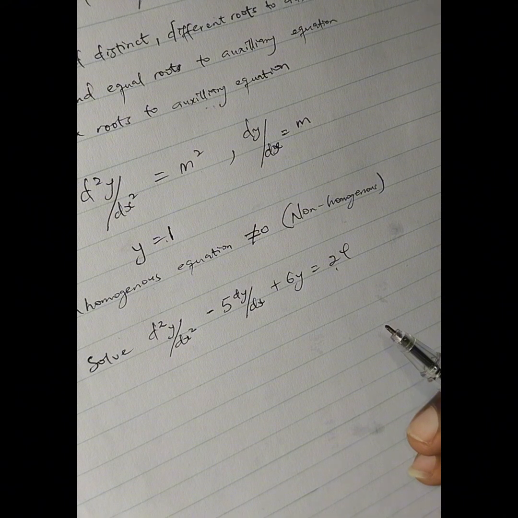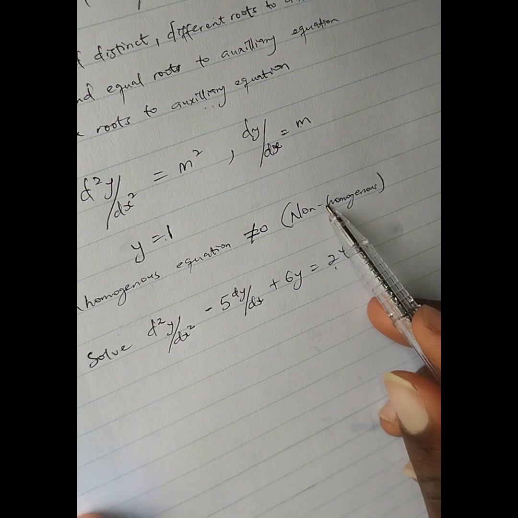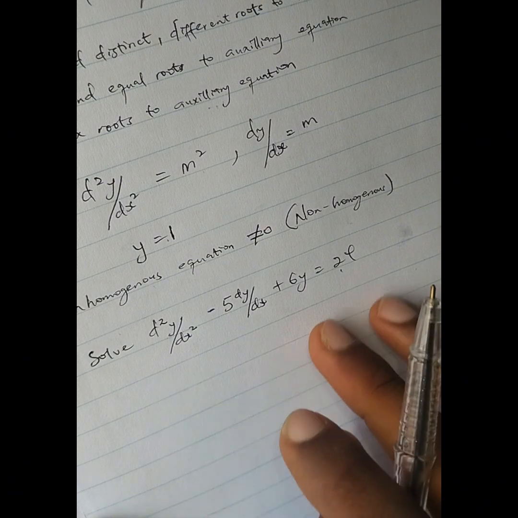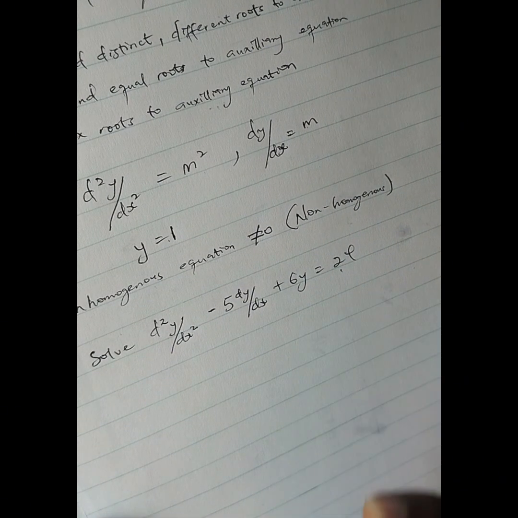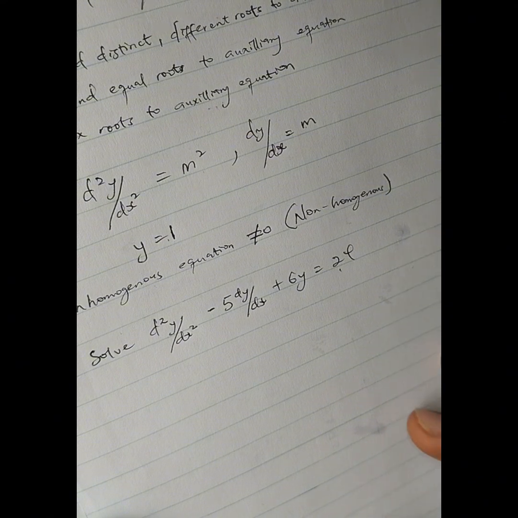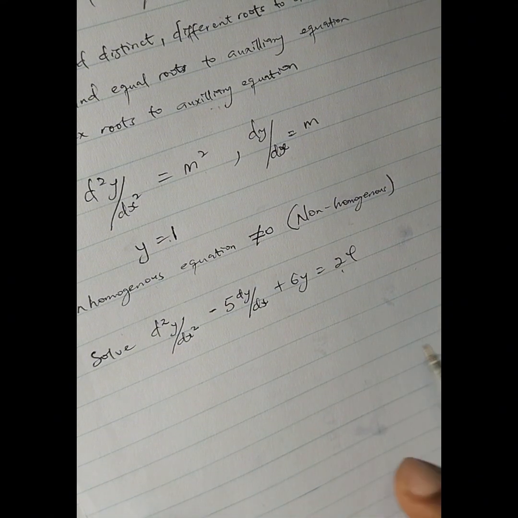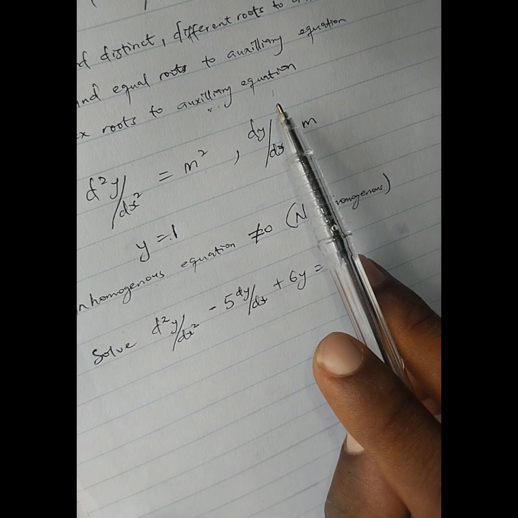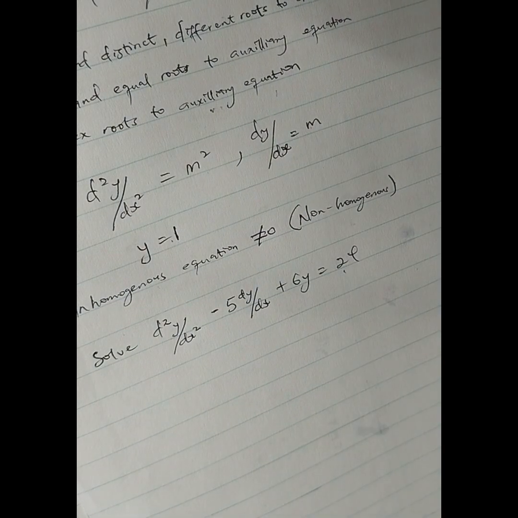It is equal to a constant. But like I said earlier, if you are solving a non-homogeneous equation, you must first convert it to like a homogeneous equation whereby it's equal to 0, so you'll be able to solve an auxiliary equation first. So now, let's convert it.